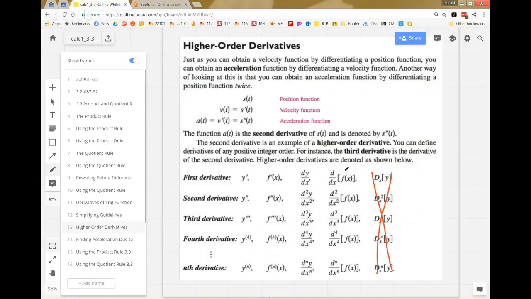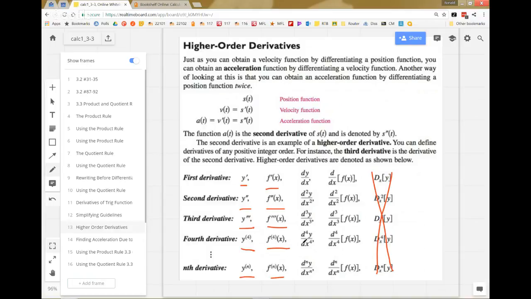But anyway, we're going to mostly use this notation. You can also use this notation. So you can disregard most of these, but those first two columns you've got to know.